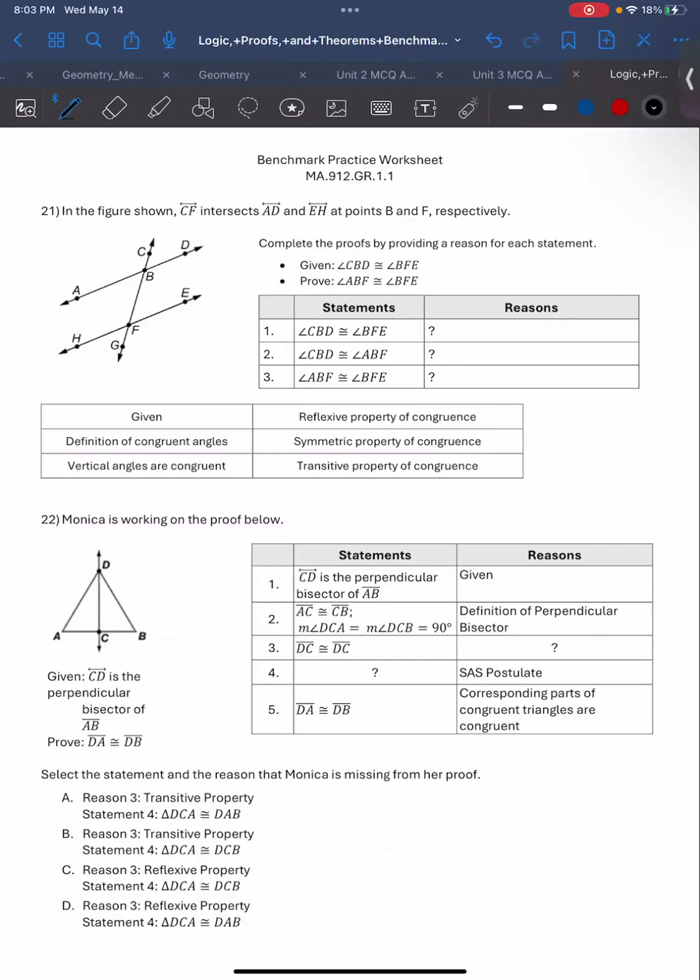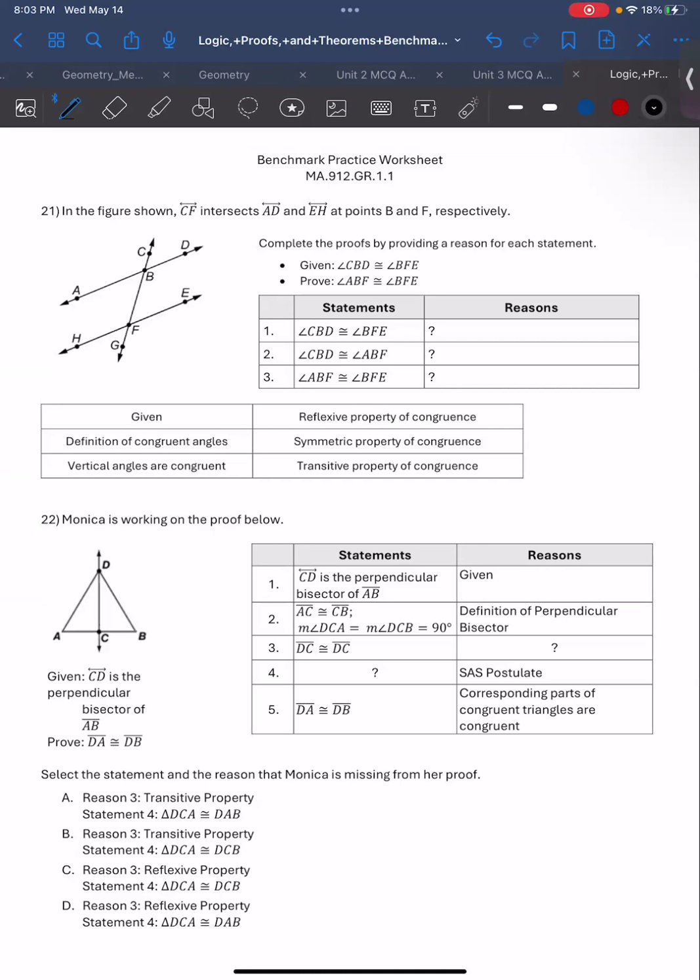Aren't you so happy right now? Yes, because I get to practice them. So look, this one is only 3 things. I want you to try and figure it out on your own first, and then we're going to go through it.